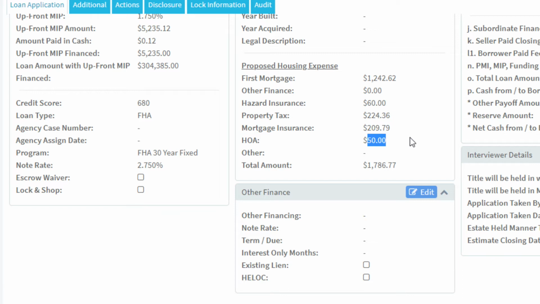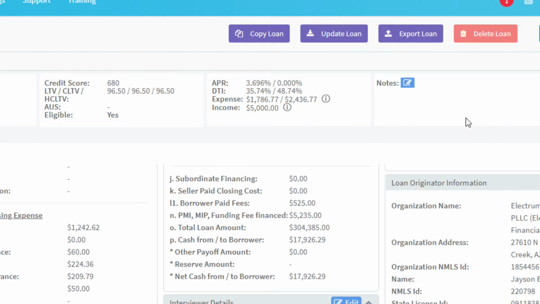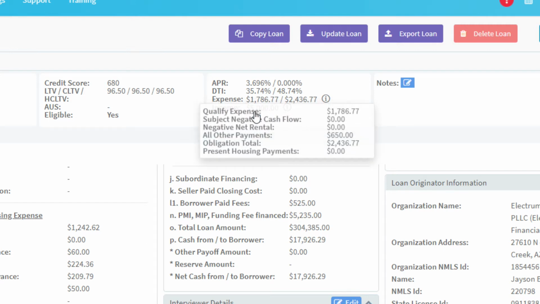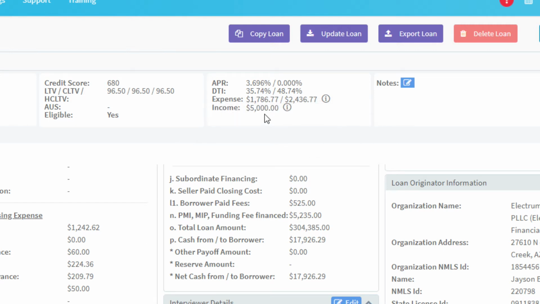So average about $50 a month for HOA, to give you a total payment of $1,786. That is the number used for the front-end ratio. So 1,786 is 35%. That represents 35% of the $5,000 monthly income. That's how the housing ratio is calculated.